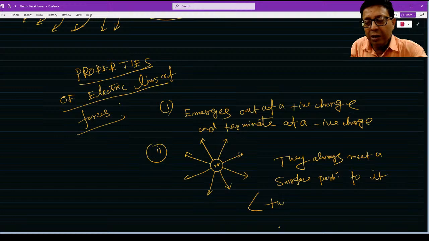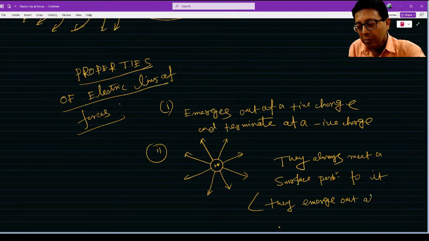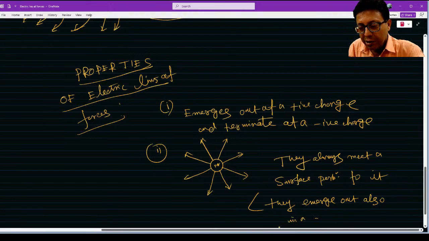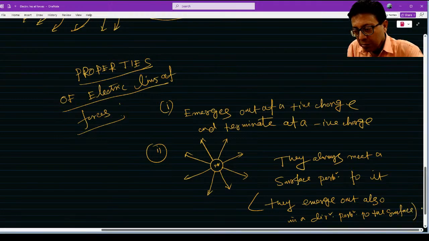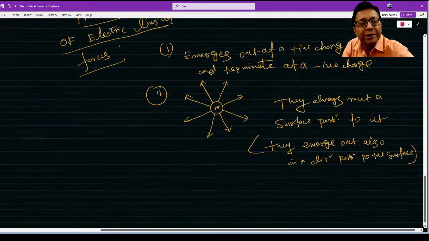They emerge out also in a direction perpendicular to the surface. So they meet or emerge out perpendicular to the surface.